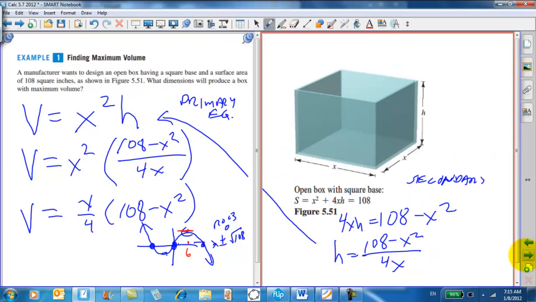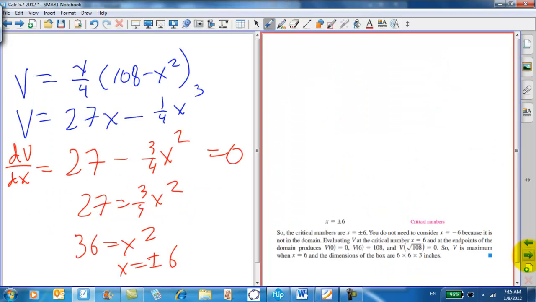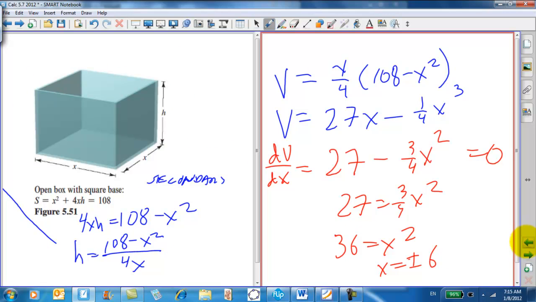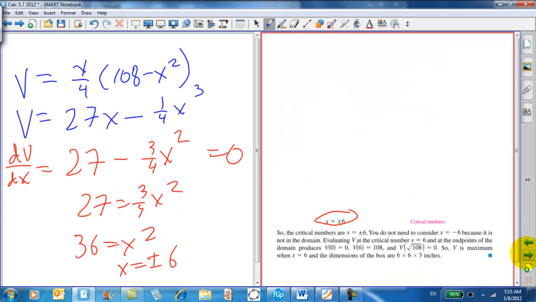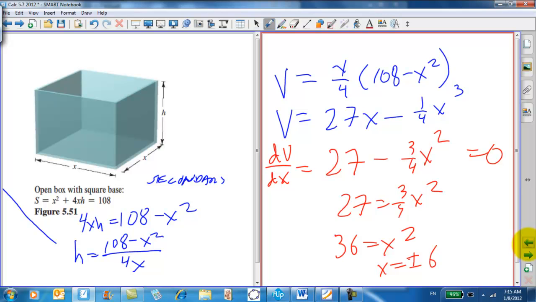Now to further answer the question then, here's our x equals plus or minus 6. We don't want the negative 6, and we want the exact dimensions. So we look back to our dimensions chart, and that was x by x by h. And so we need that little formula again for what h is.